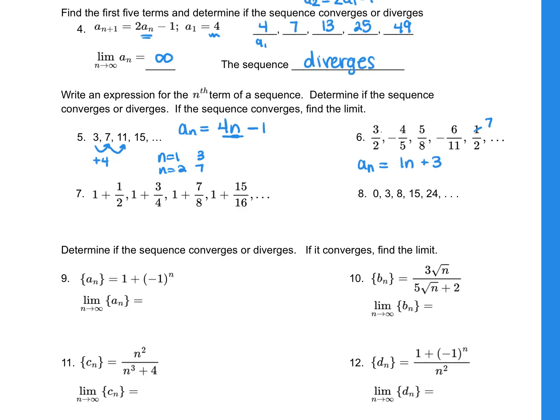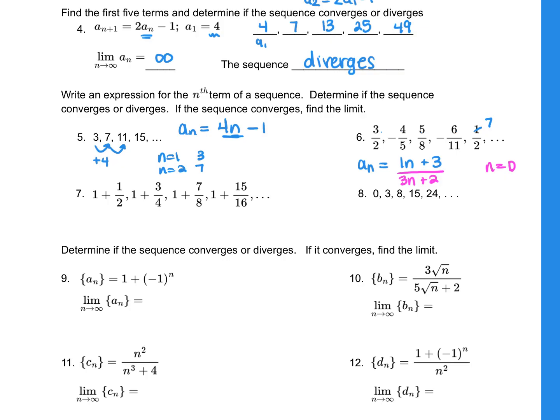If n is equal to 1, I would get 4. So n plus 3, and on the bottom, how is that changing? Well, it looks like it's going up by 3. So I can say 3n plus 2. And again, that's with n starting at 0. If we start at 1, we could do something else.